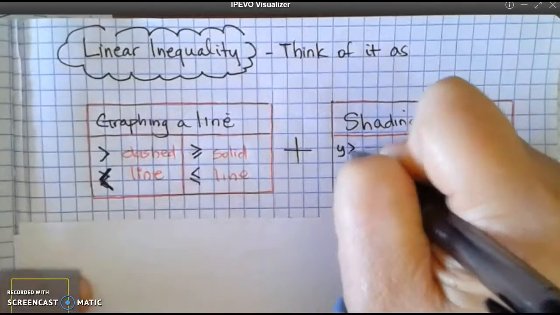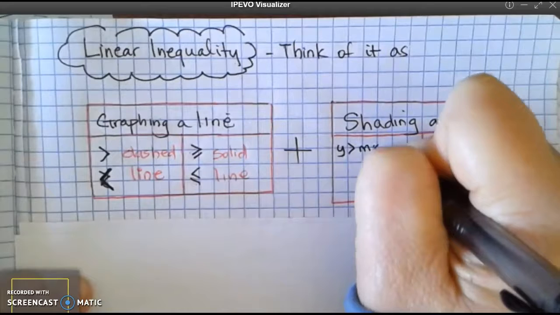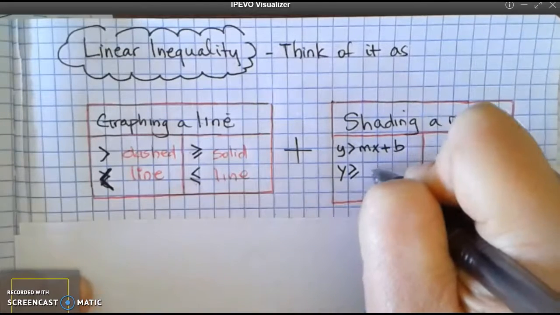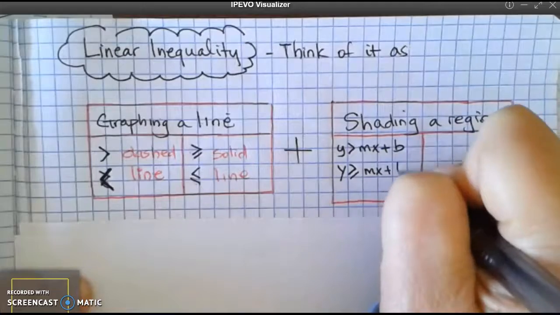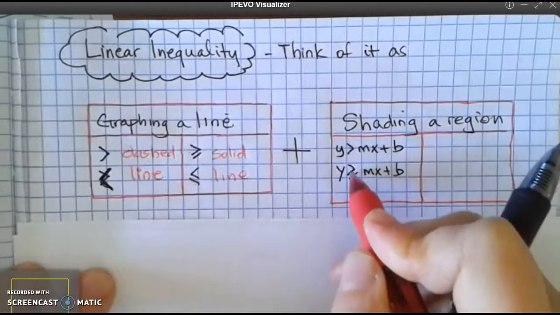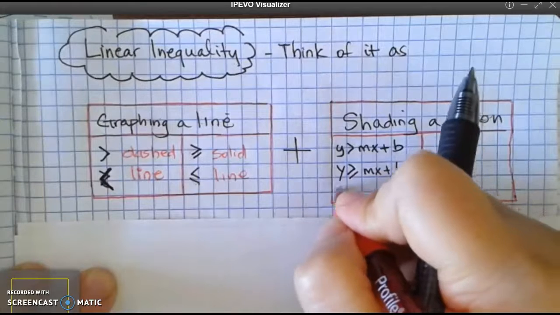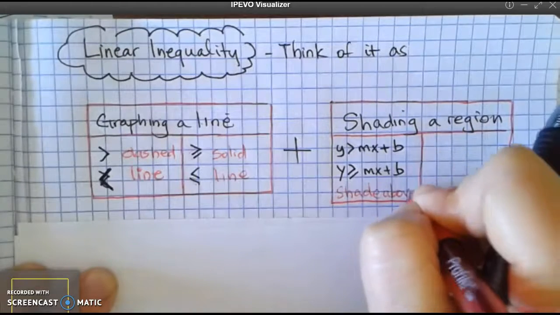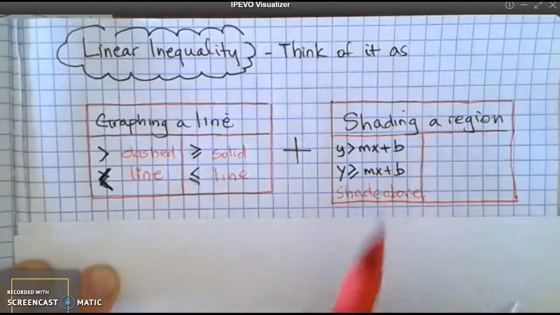Now when we are talking about shading a region, we have two different things to consider. y can be greater than mx plus b, or y can be greater than or equal to mx plus b. If that is the case, then we need to shade above the line.